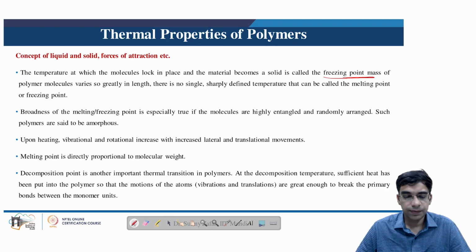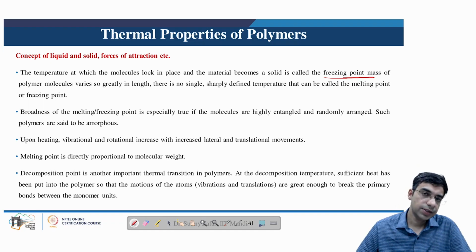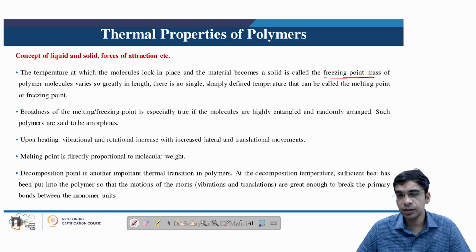The broadness of this freezing and melting range is especially true in this case as the molecule chain is very long, and at the same time these molecules also get entangled and randomly arranged. Because of this, polymers are also said to be amorphous materials. Upon heating, the vibrational and rotational energy increases the lateral and translational movements in the polymeric molecular chains.